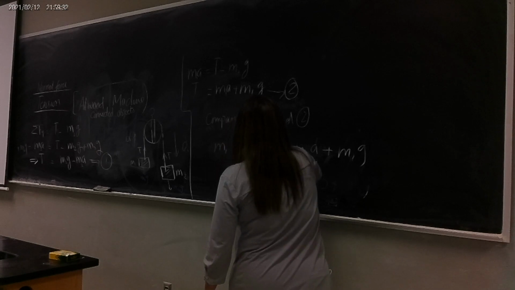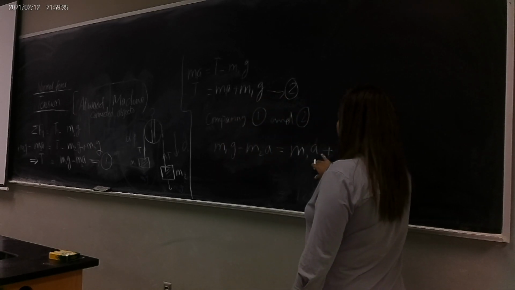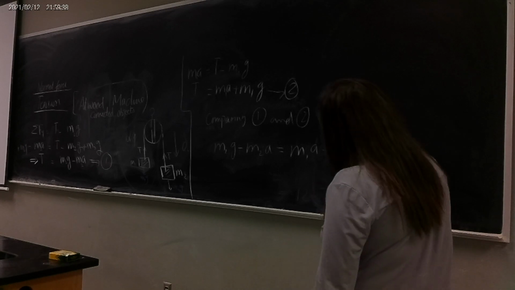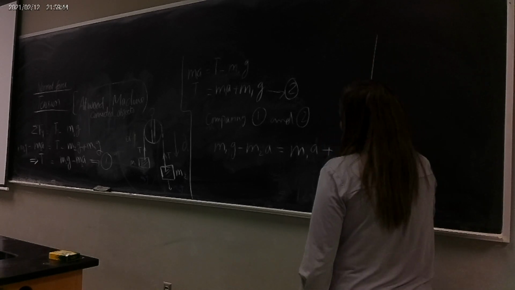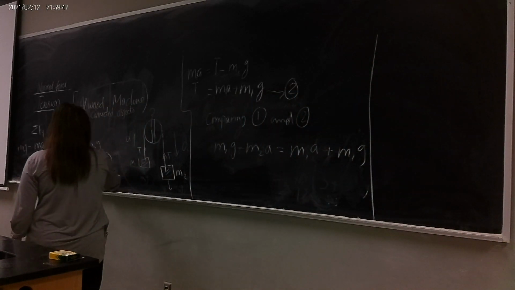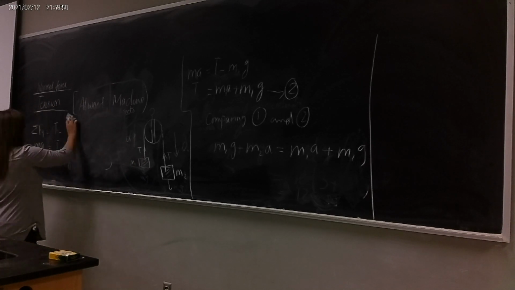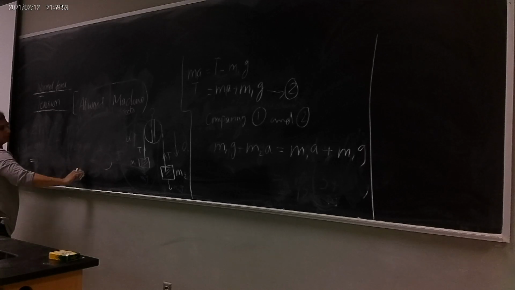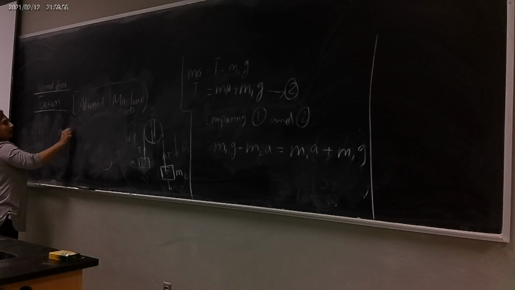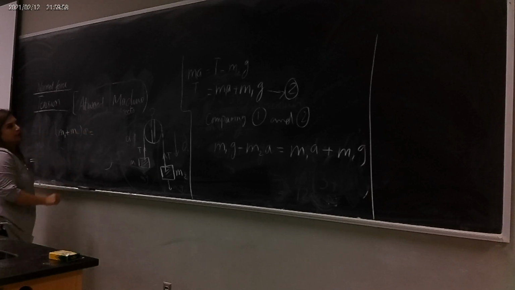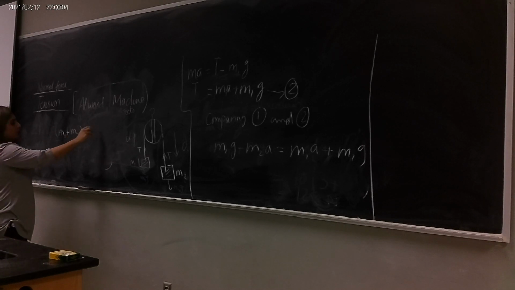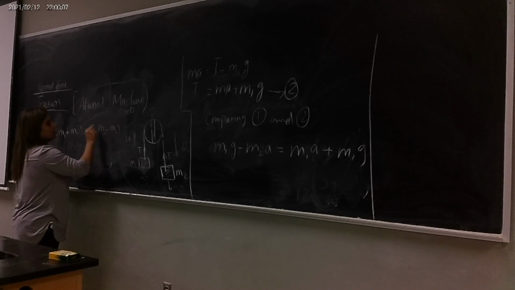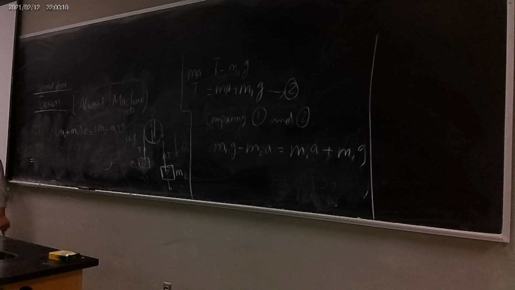Solving them together, I'm going to combine the A's on one side and G on the other side. So that would give me (M1 plus M2) A equals (M2 minus M1) G. Is that right? Are the signs good?